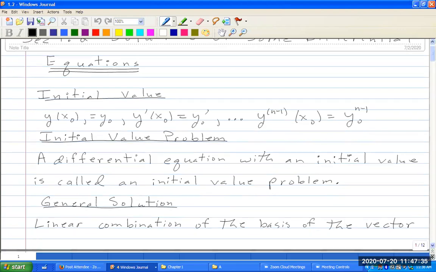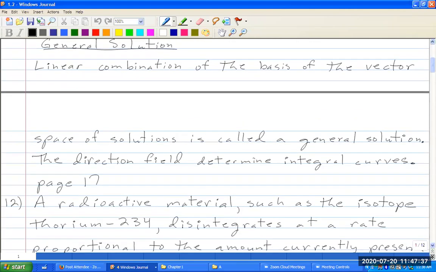So, general solution. A linear combination of the basis of the vector space of solutions is called a general solution.